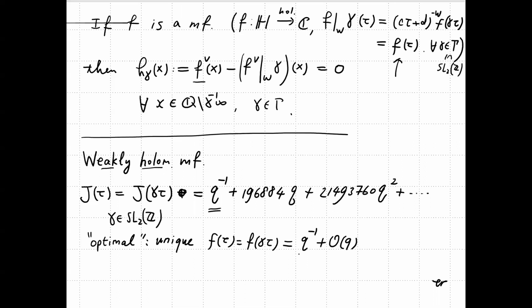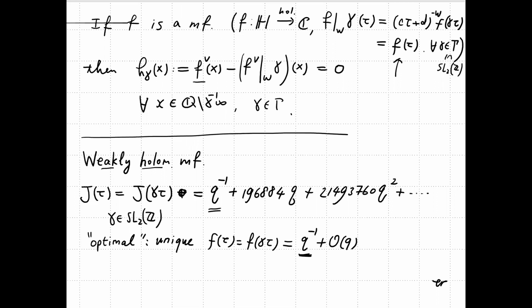If you let the singularity be worse, for instance, when it starts with q to the -2 power, then you have more choices. But this is the mildest behavior you can have in order to have a non-trivial modular function on the upper half plane.